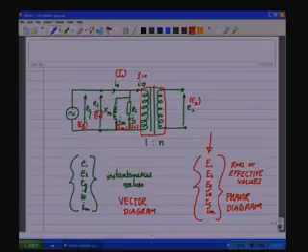One is the loss, that is, there exists a finite hysteresis loop area and there exist eddy current losses, which means finite resistivity, and the other one is the XM, which draws a magnetizing current, which means to set up a flux in the core, some amount of magnetizing current has to be drawn from the source, and it is a reactive power that is being drawn from the source, and therefore, the magnetizing reactance XM.